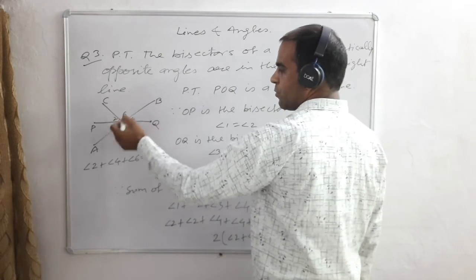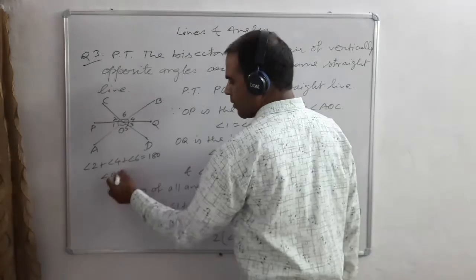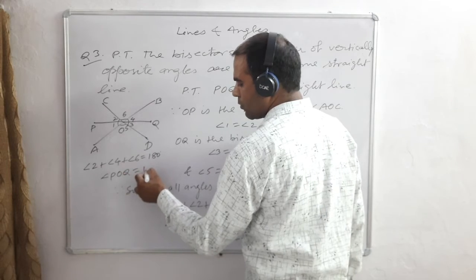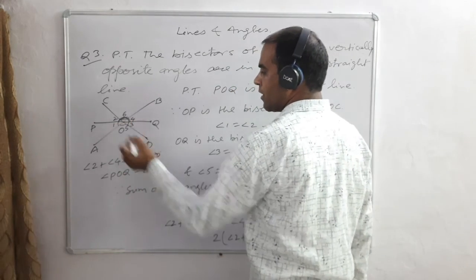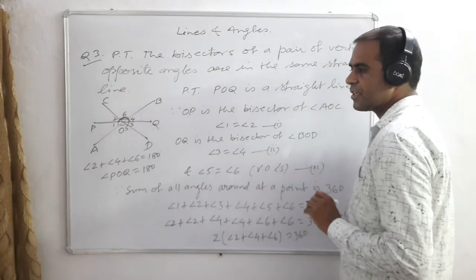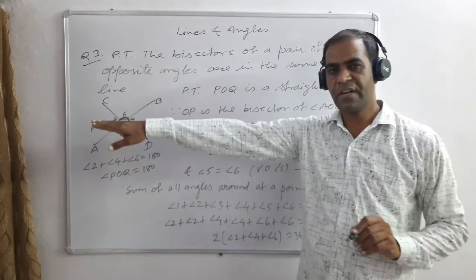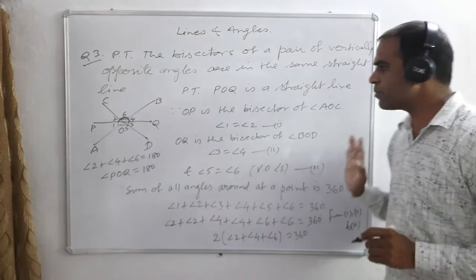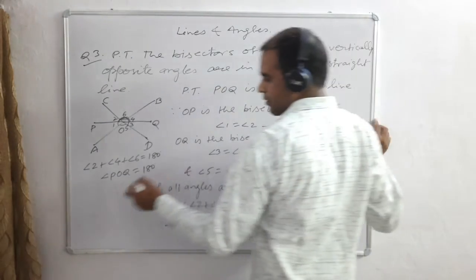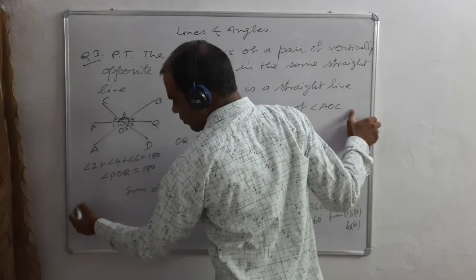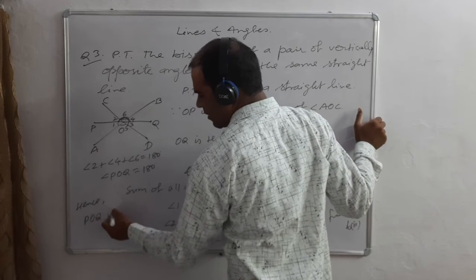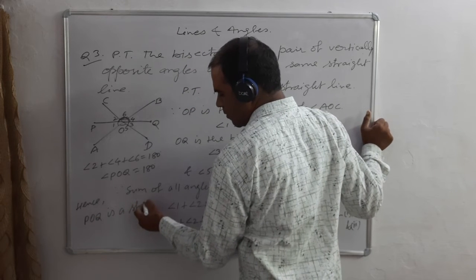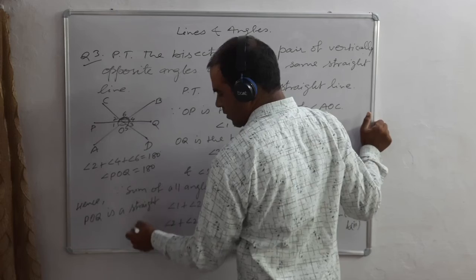And 2 plus 4 plus 6 is the angle POQ. POQ is this angle. Angle POQ is 180 degrees. Therefore, POQ is a straight line.